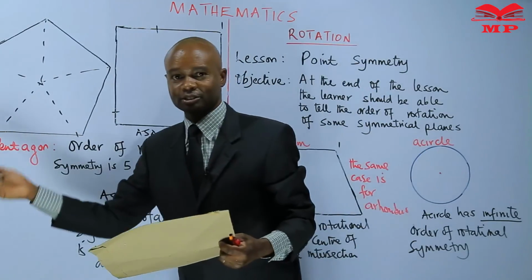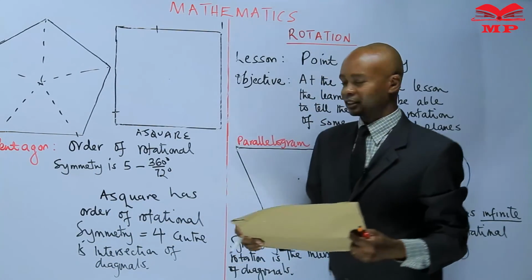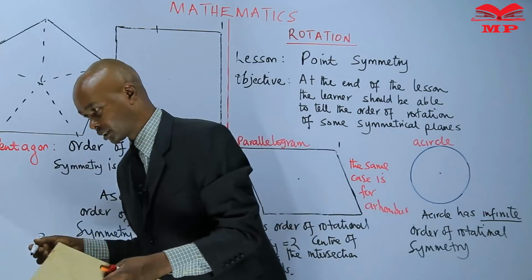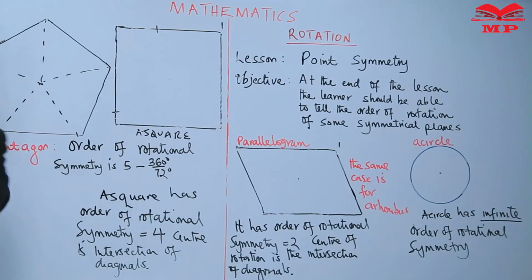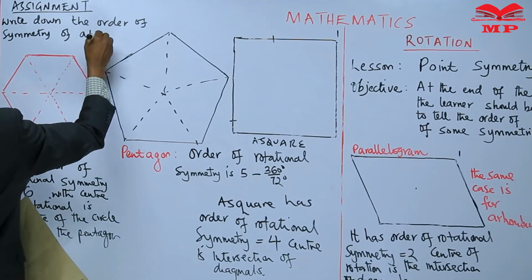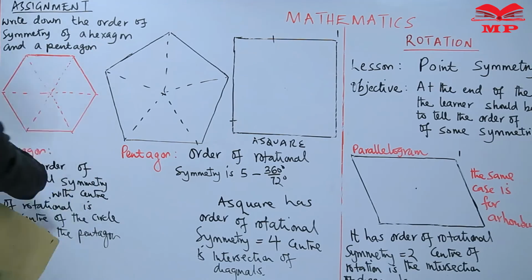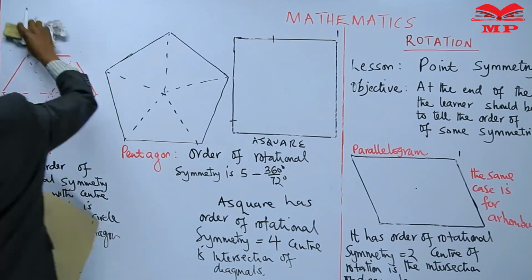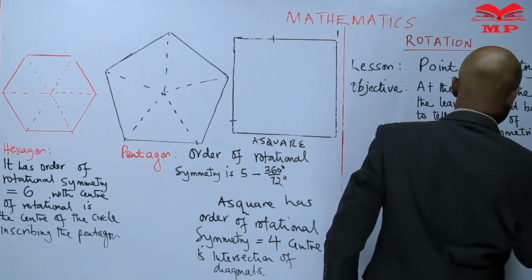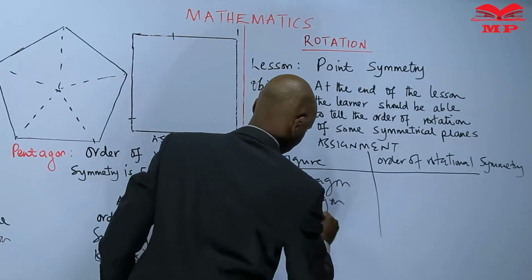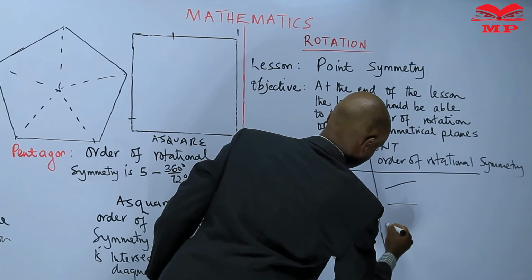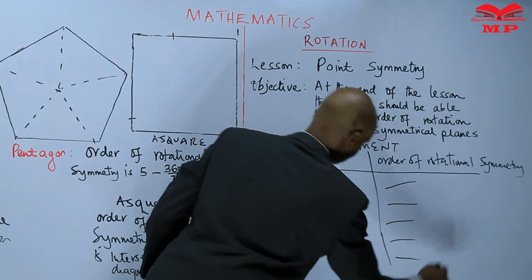A pentagon, it's 5. Isn't it? Whether it has 20 sides, the order will be 20. So for the assignment, you write down for those the order of rotational symmetry.